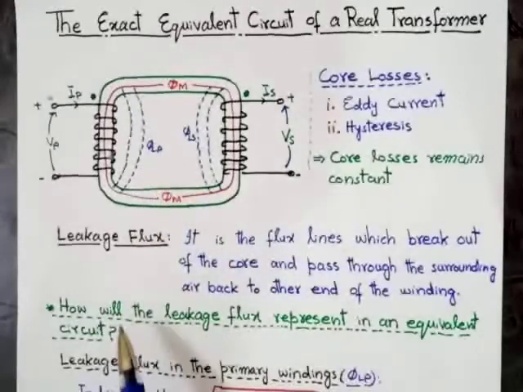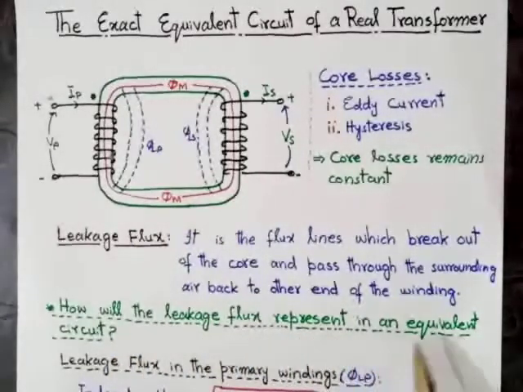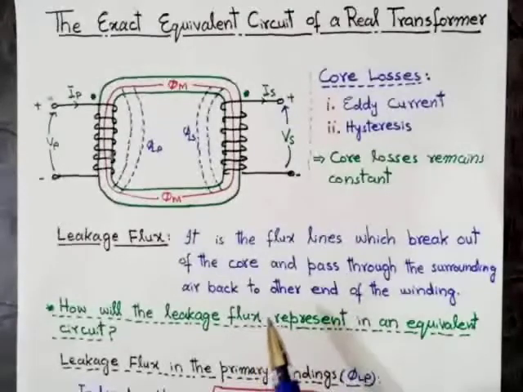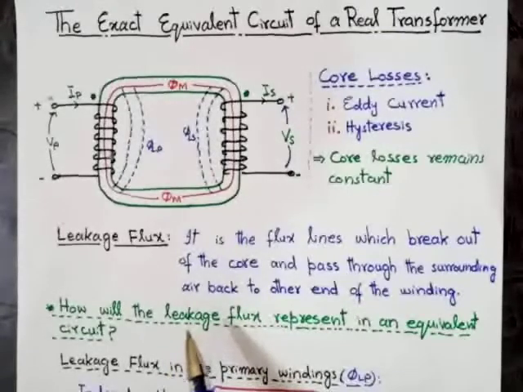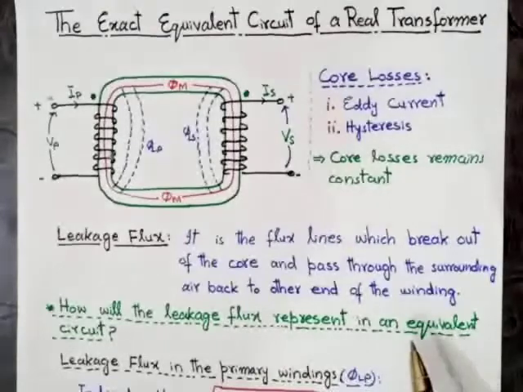Now the important question is, how will the leakage flux be represented in an equivalent circuit? Is the leakage flux in the form of resistance or in the form of inductance? So this is the important question.